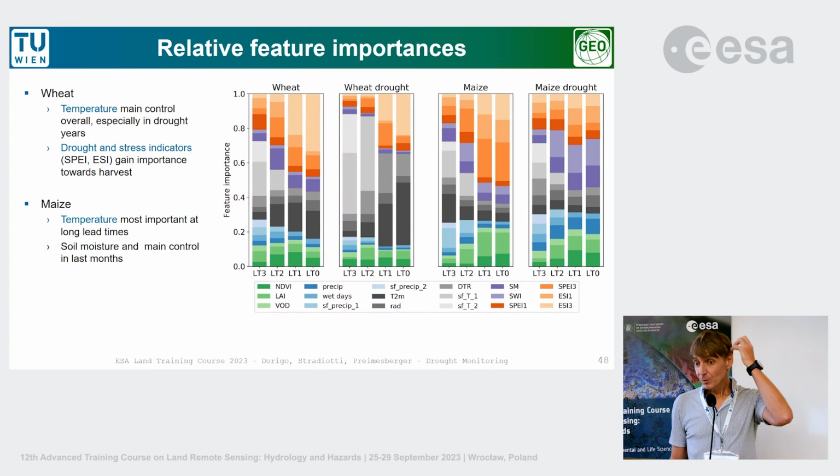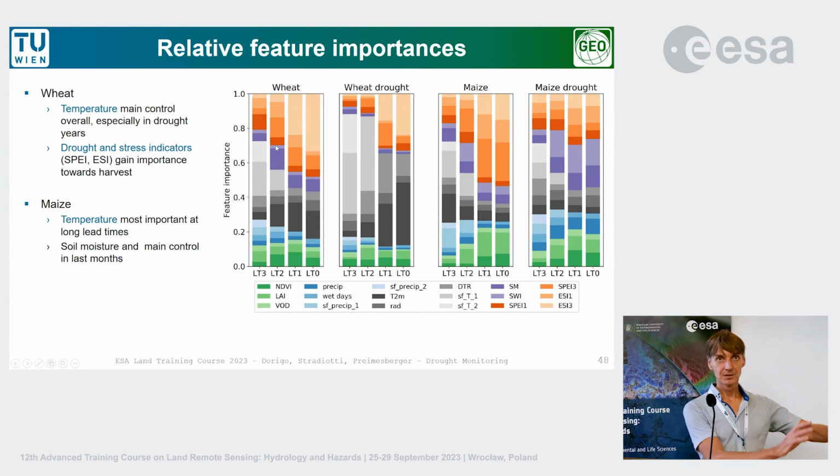Yeah, and then one of the most interesting things for us was, of course, not only how well we can predict yield, but also what is contributing to the forecast. And we could see that for wheat, temperature was the main control. The grayish colors are related to temperature, but particularly early in the season, temperature-related predictors were a good indicator of yields at the end of the season.